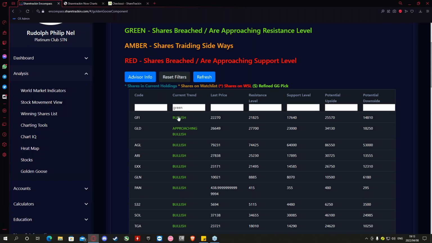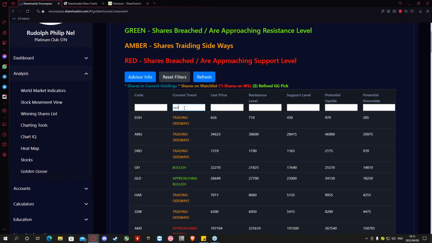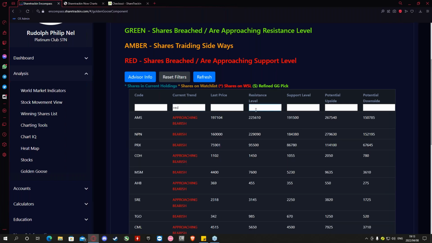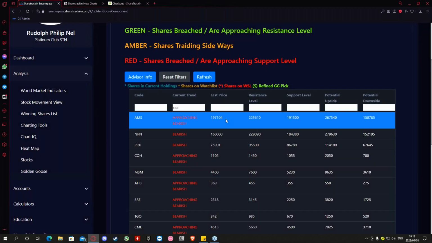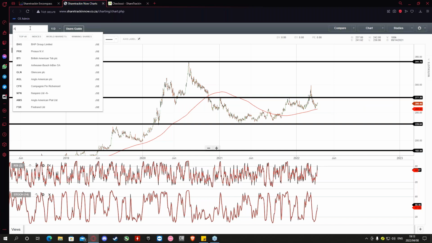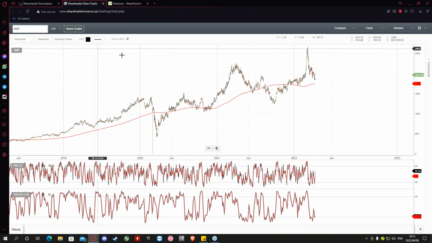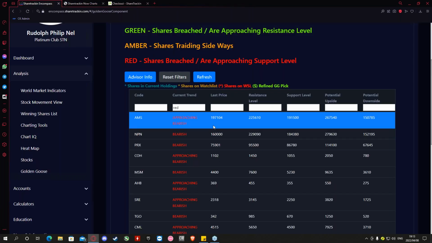If we reset filters and change this to red, the same principle applies, but this time instead of looking at the last price and the resistance level, you're going to look at the last price and the support level. If it says approaching bearish, you want it to break through the bottom line. So if we take AMS, we'll see that the current price is 1,971 Rand and 4 cents.